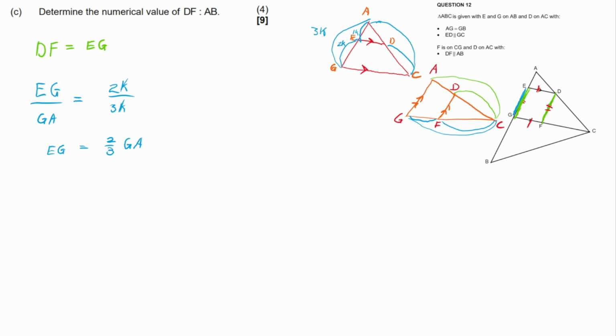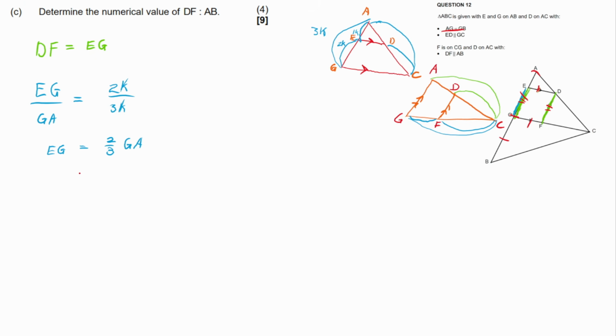But here I still don't have a connection between DF and AB, so I need to go further. I have this connection between EG and GA, but now I need to relate GA all the way to AB. I know that GB is equal to AG, because it was given in this step.